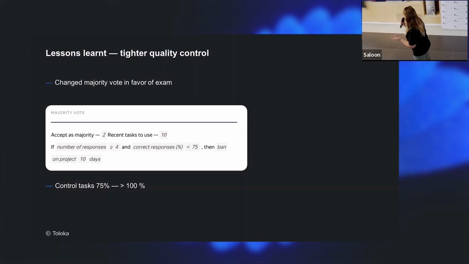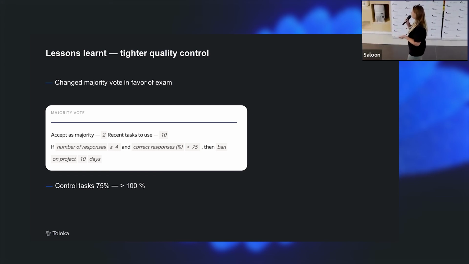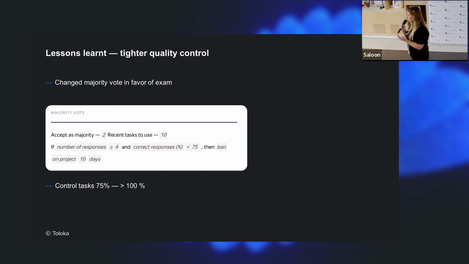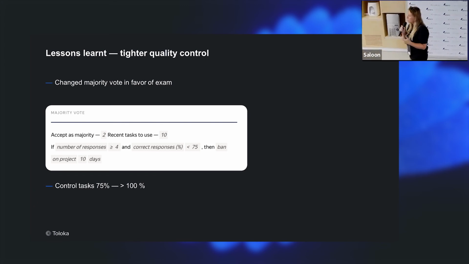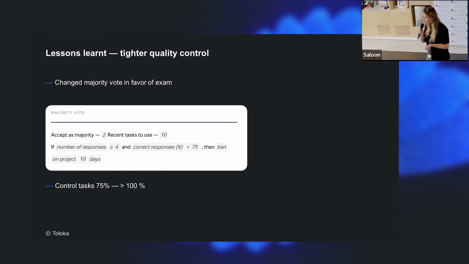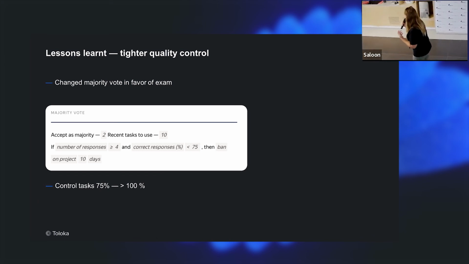And I had some other settings. Initially, I also used something called majority vote. I thought that if 2 out of my 3 people labeled something as, let's say, solid, I would block the person that gave a contrary decision.